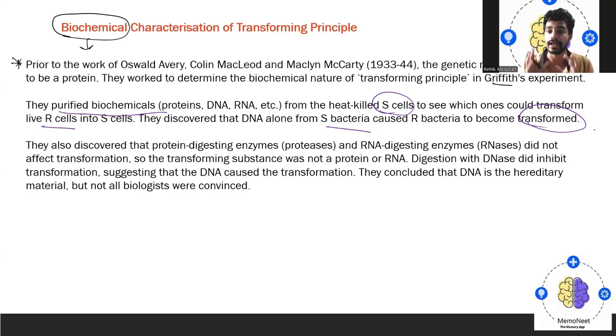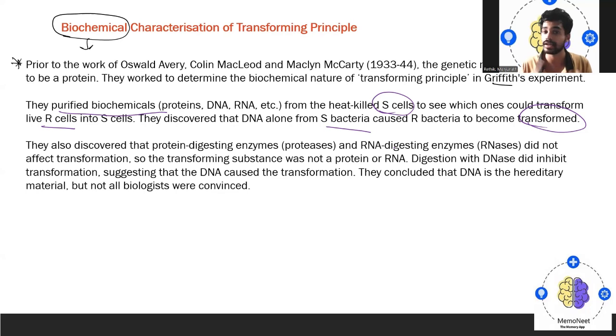Digestion with DNase did inhibit the transformation, suggesting that DNA causes the transformation. Only the DNA digestion was affecting it; that was the one inhibiting the transformation.